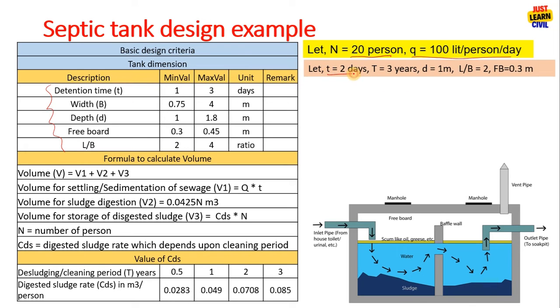Let small t equal 2 days, which is between 1 and 3 days. Capital T is the cleaning period, which you can see in the bottom. Let it be 3, and d equals 1 meter, which can be assumed from 1 to 1.8, and L by B equals 2, which can be assumed between 2 and 4. Then freeboard equals 0.3, which can be assumed between 0.3 and 0.45.